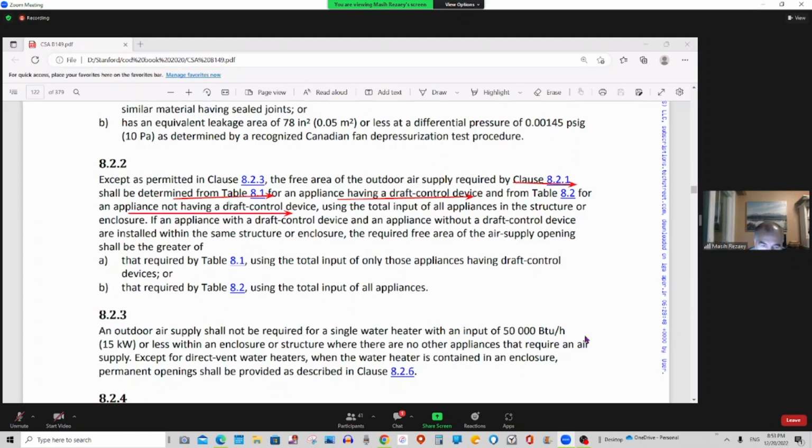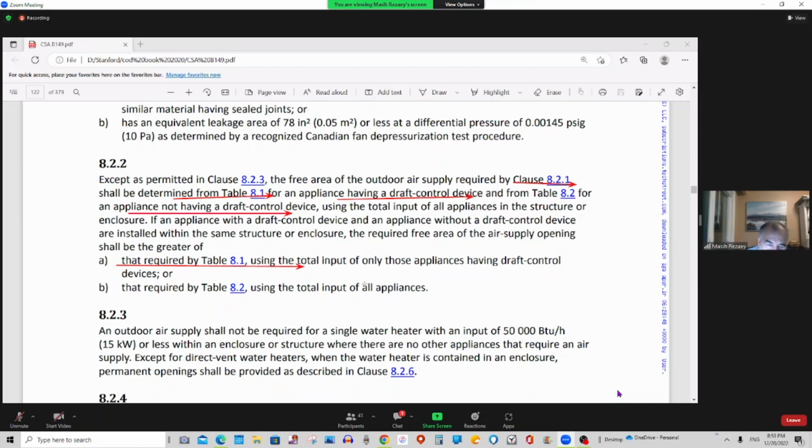What opening should we have? First we go to table 8.1 for those with the draft control. For 100,000, what do we get? 4 inch. That's correct.